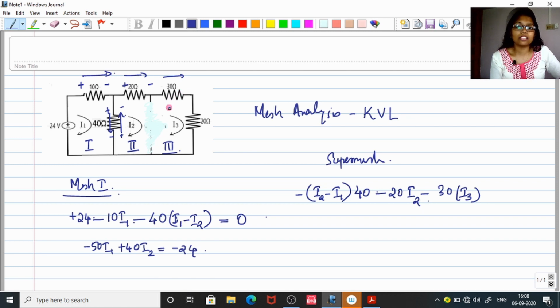Super mesh is actually a method to proceed with our calculations, because we get stuck if you do not know the voltage drop across the current source. So it is negative 30 I3 and finally the current passes through this 20 ohm, which is minus 20 I3. So here comes your KVL expression for the super mesh.